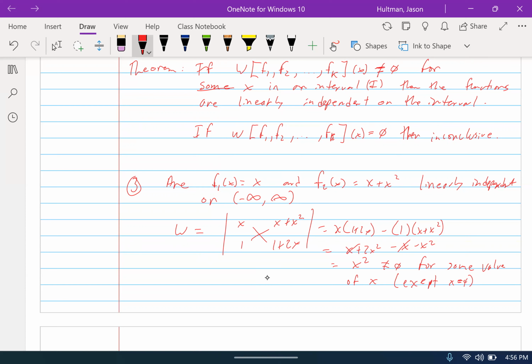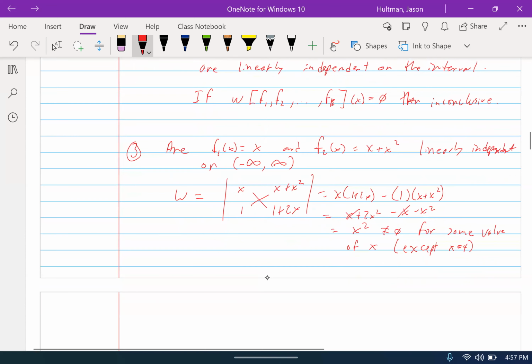It said for some value of x between negative infinity and infinity, is this not equal to 0? And the answer is yeah. It's not equal to 0 for everything except x equals 0. We can't have x equals 0, but we can have anything else.